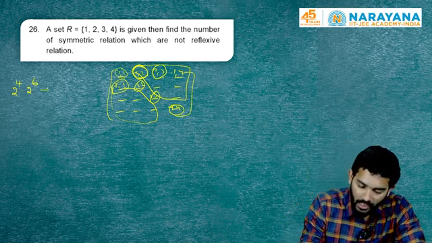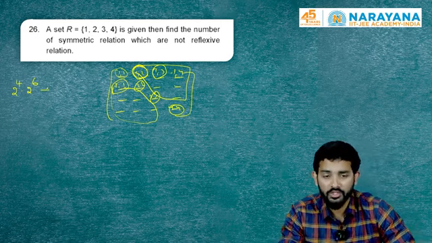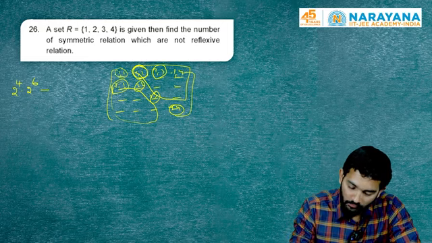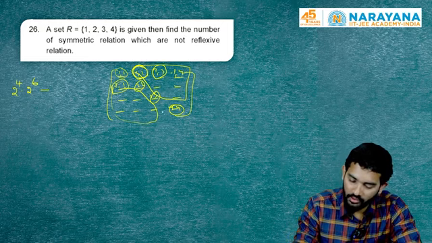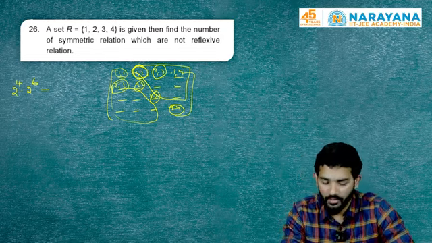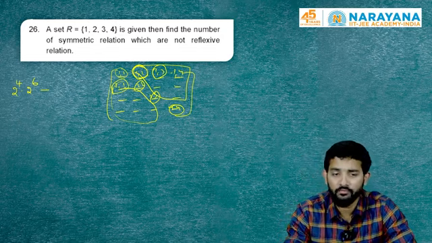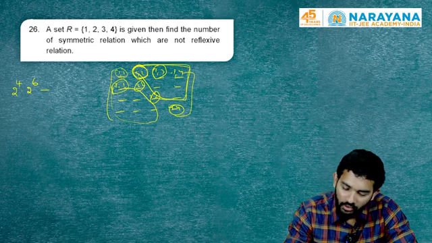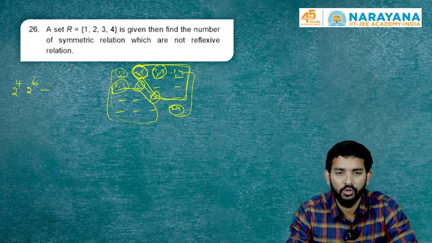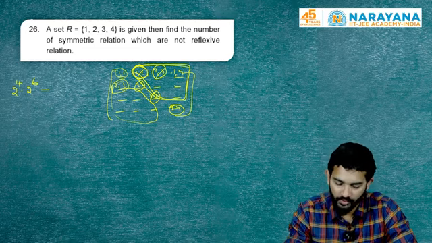So from here I'll subtract relations which are both symmetric and reflexive. So reflexive means I have to select all these diagonal elements, because 1 1, 2 2, 3 3, 4 4 everything must be there. So they are selected, selecting them will be one way. Now this will be 2 power 6 ways, selecting this or not selecting, selecting this or not selecting, 2 into 2 into 2, 2 power 6 ways, right?